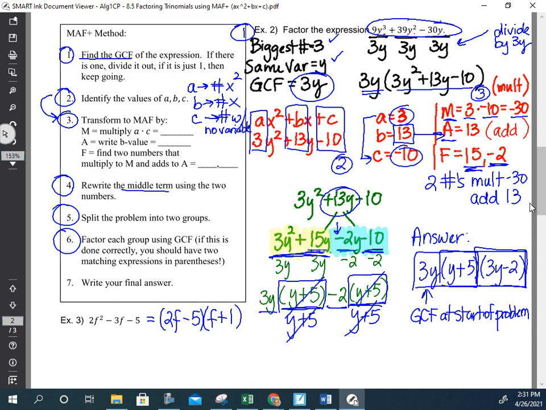Part A, find a GCF. Part B, identify A, B, and C. Part C, transform it to MAF. It will force you to do it part by part so that you can get used to it. Any questions before we remind ourselves what is due?